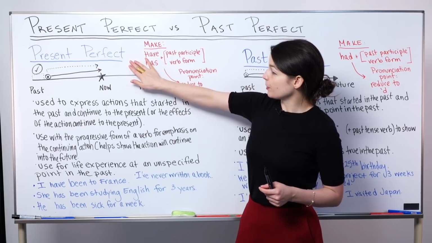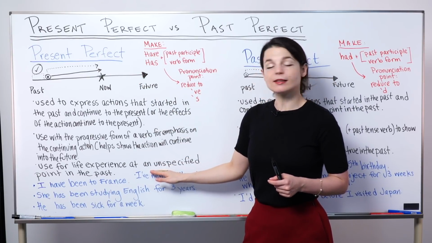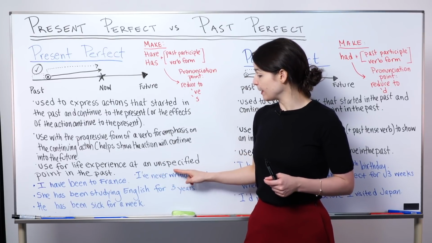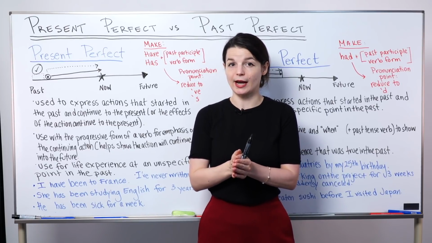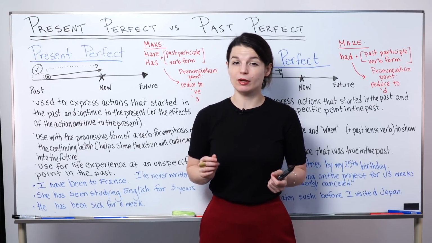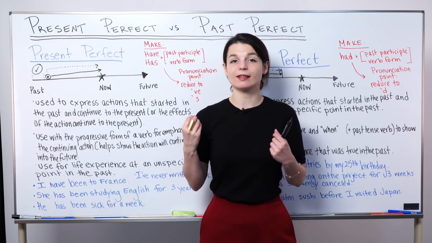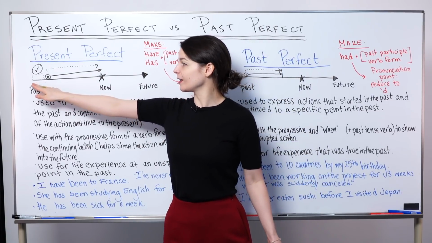We also use the present perfect tense for life experience at an unspecified point in the past. So unspecified means it's not clear when the action happened, or it's not important when the action happened. We just want to express life experience. On a timeline, this might look something like this.